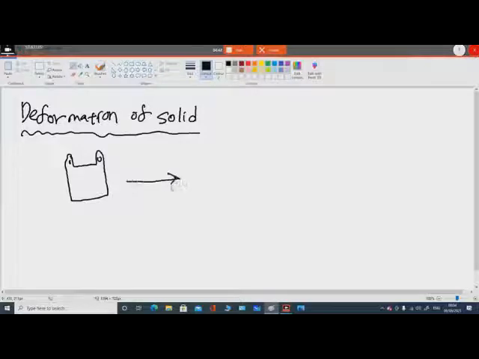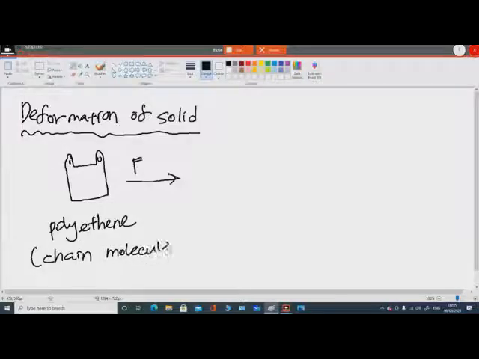If I apply a force to these bags, and this bag is made of polyethylene, which is made out of chain molecules, these plastic bags will eventually be extended to a longer length than the original length.